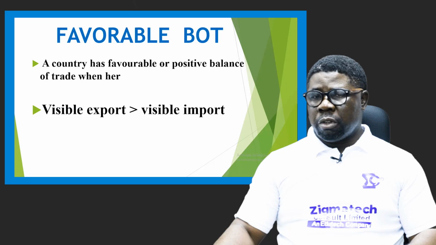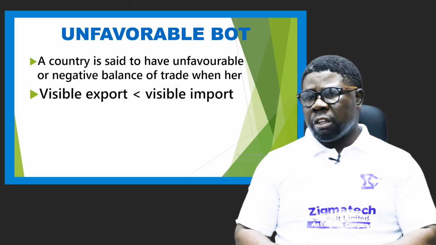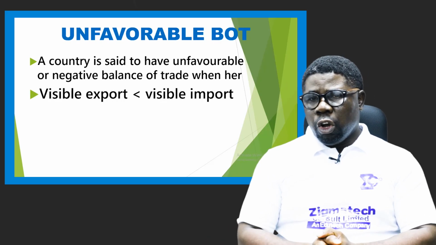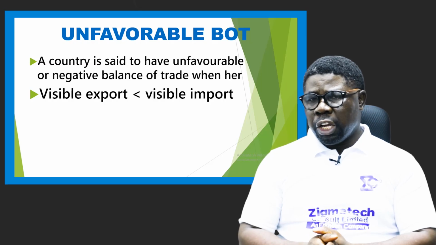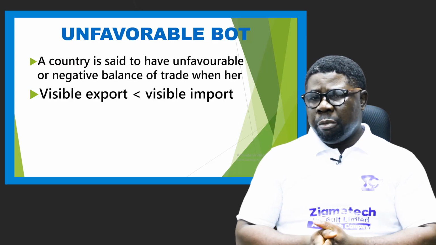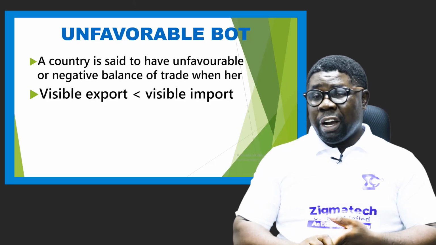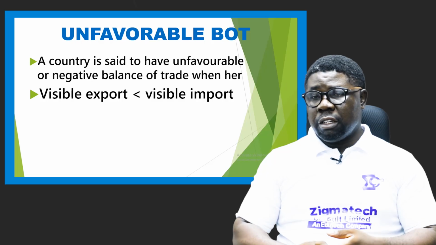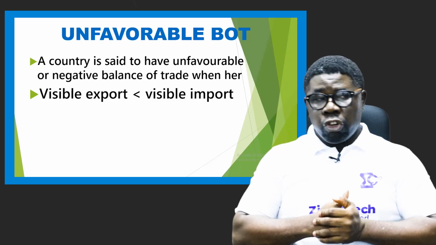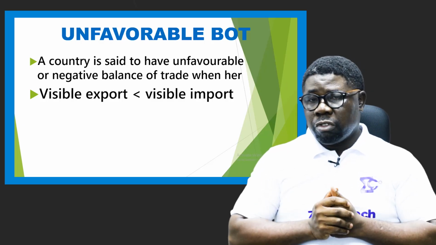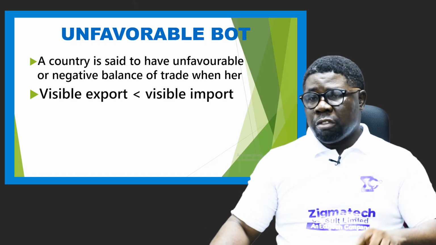Then the unfavorable one: a country is said to have an unfavorable balance of trade or negative balance of trade when her visible export is less than her visible import. In this case, you are at a disadvantage, you are at a loss when compared to your counterpart in trade. So that's what we call unfavorable balance of trade.